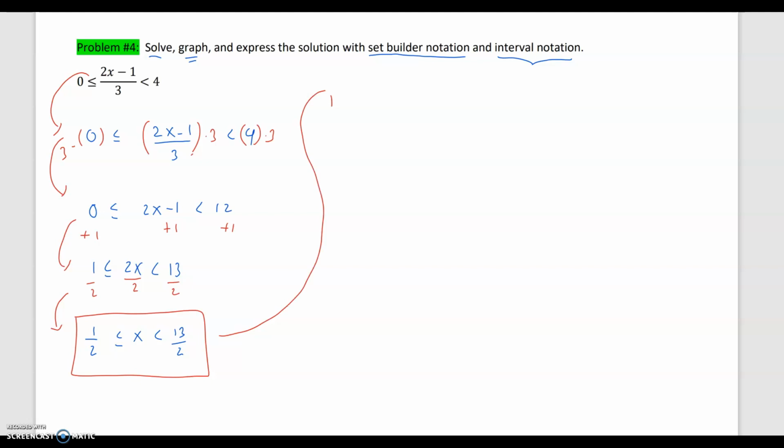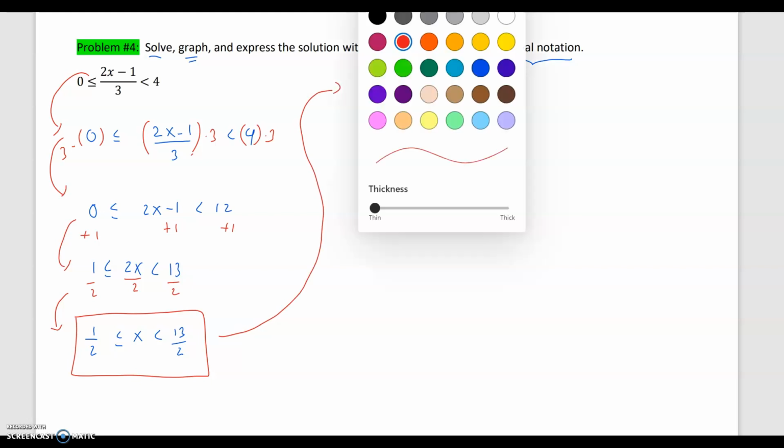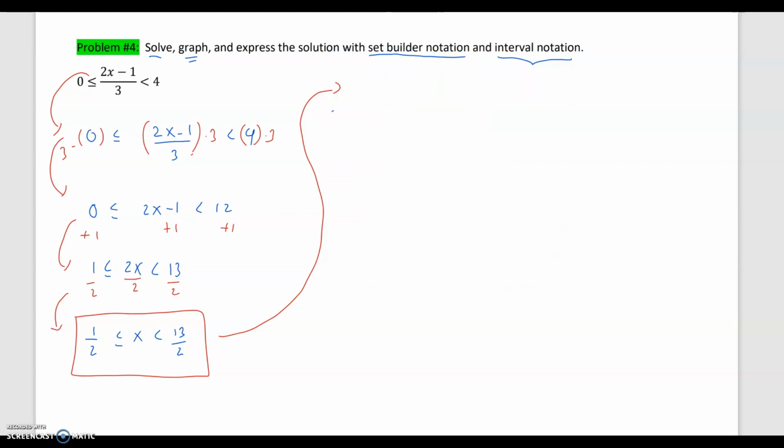And then let me rewrite it here. So the solution, once again, we have a half less than or equal to x and less than 13 halves. The graph.